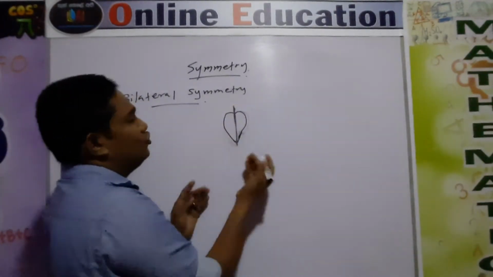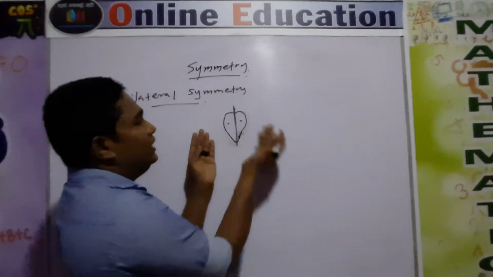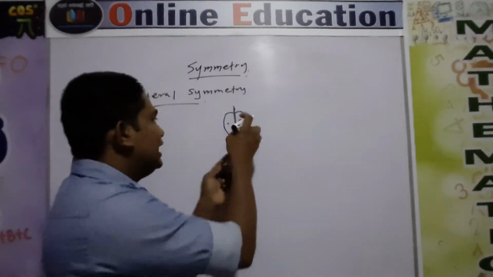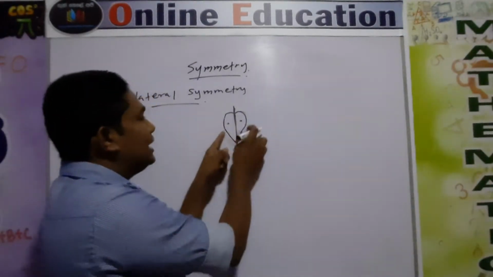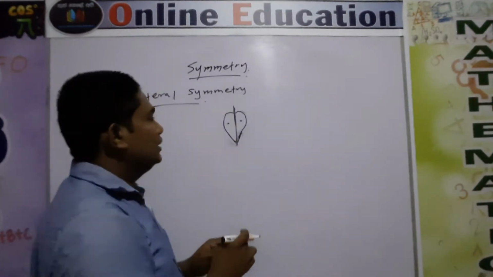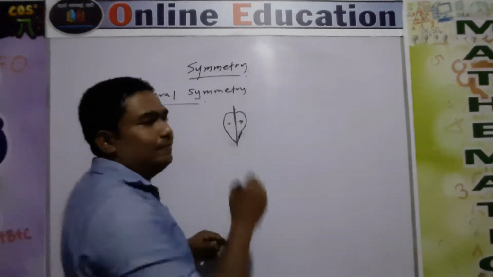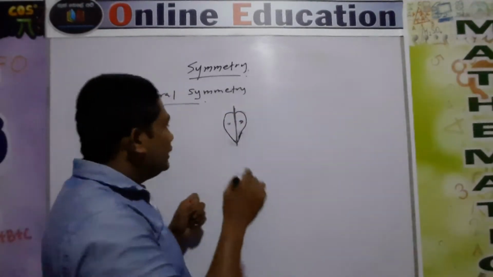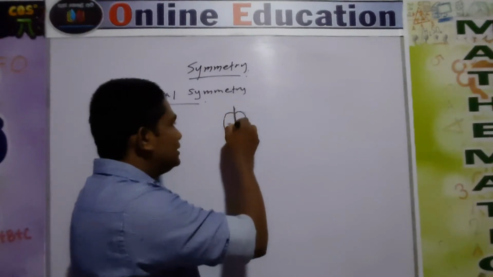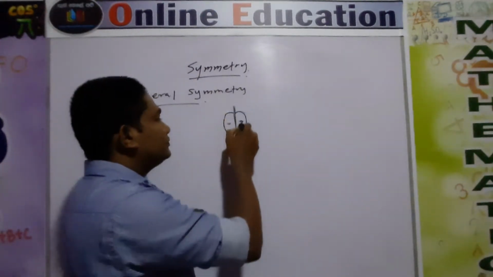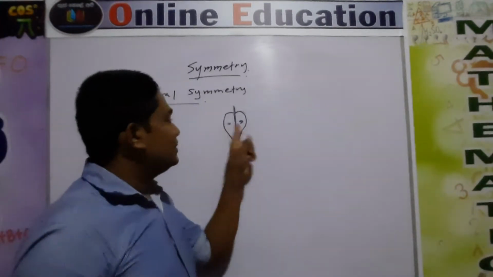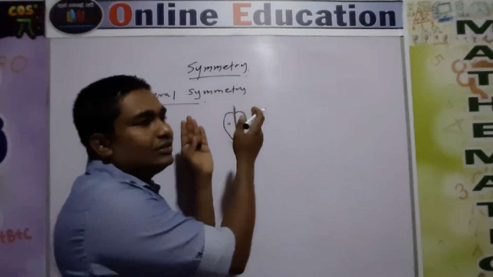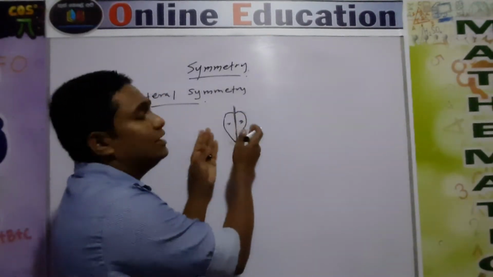When we are folding this one, one part should be on top of the other, and this edge should be exactly covered. These two shapes are same. These two areas are same. Then this is called a symmetrical axis, the axis of symmetry. This is symmetrical. This is the bilateral symmetry.